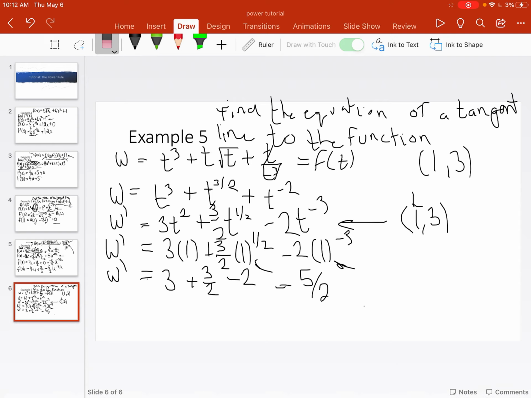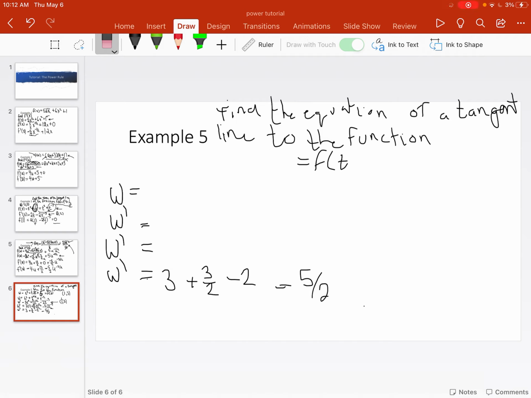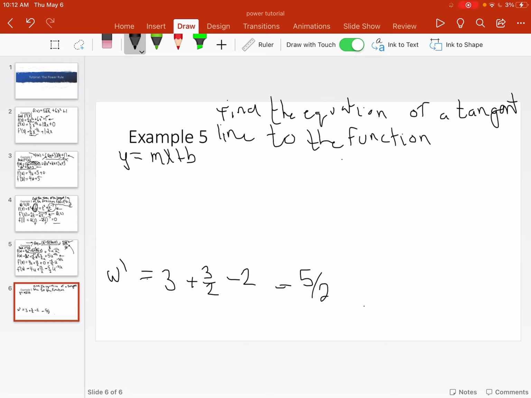So now that we have the slope, I'm going to erase all this. I'm just going to find the tangent line now. So we have the slope, and we always write a line as y equals mx plus b, but here we're dealing with w being a function of t.